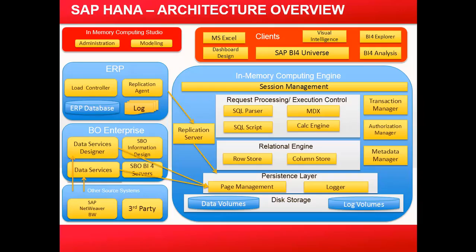Okay, so amongst the replication we just saw that there is one component which is the replication server. It is for real-time replication. SAP is using trigger-based replication, that is SAP Landscape Transformation. Then we have Data Services, which is ETL-based scheduled replication.